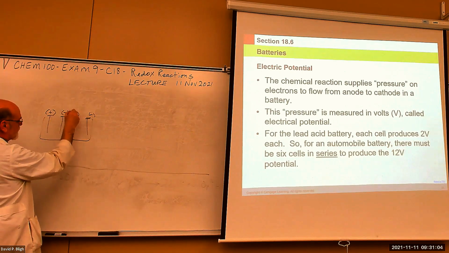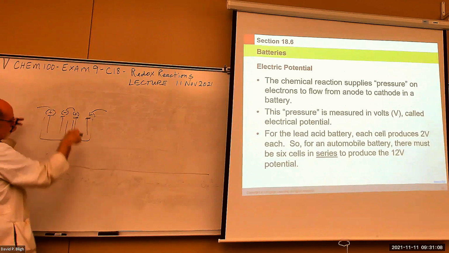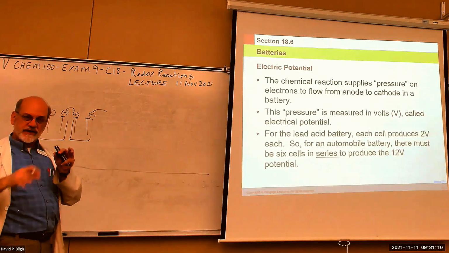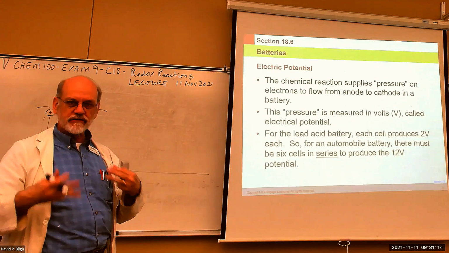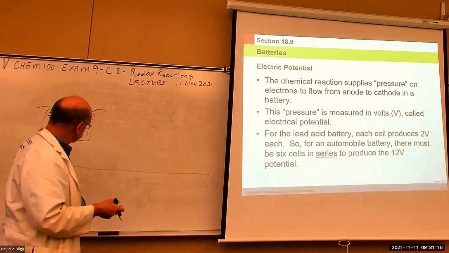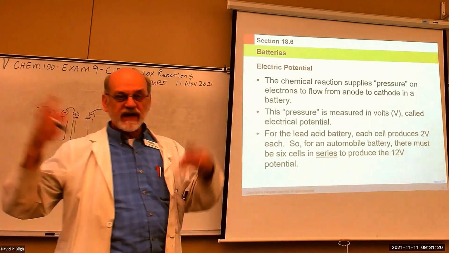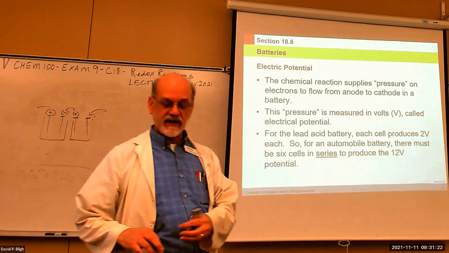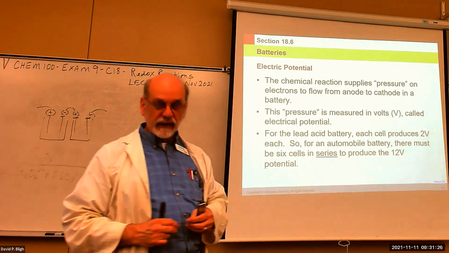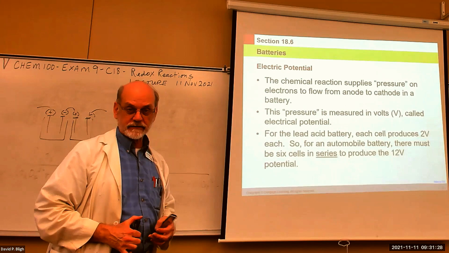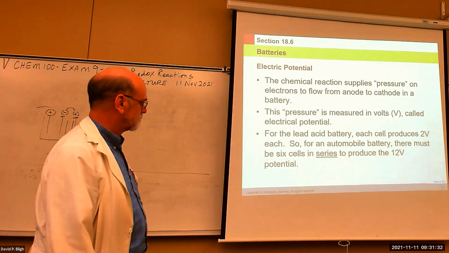Then you connect them like this, and they can keep going like that. When you put them in series, they add voltage. You total the voltage of each of the cells. So theoretically, you could make 1,000 volts if you had enough batteries put together, and you could build up a huge charge. It'd be dangerous, but it could be done.